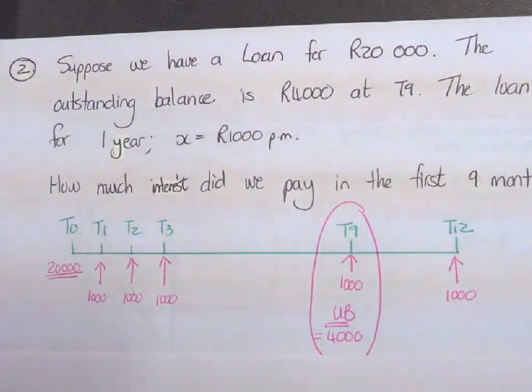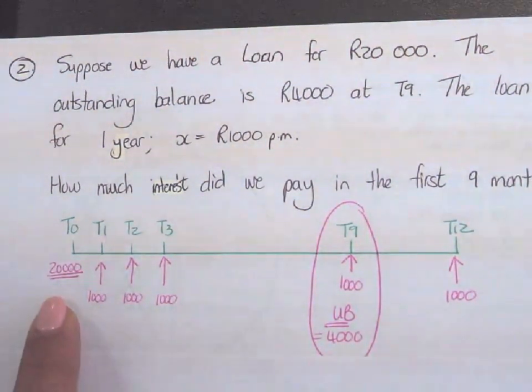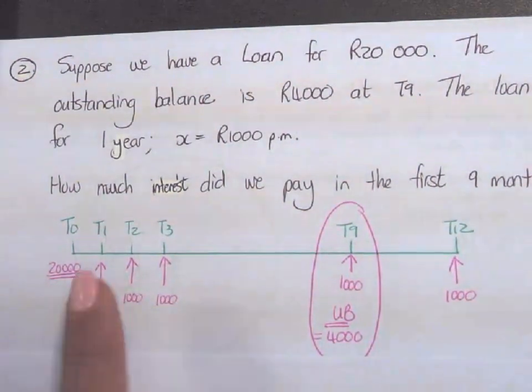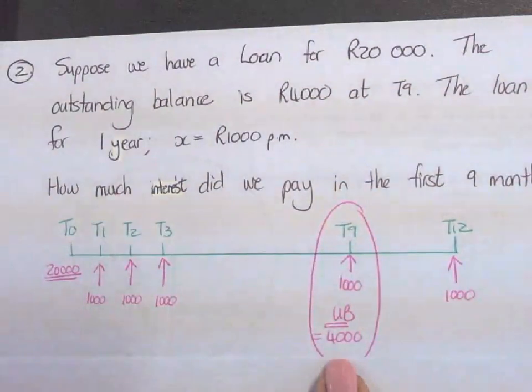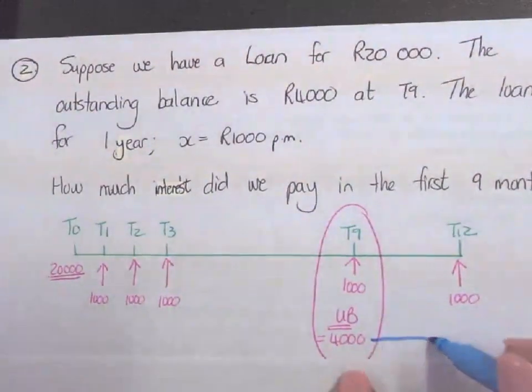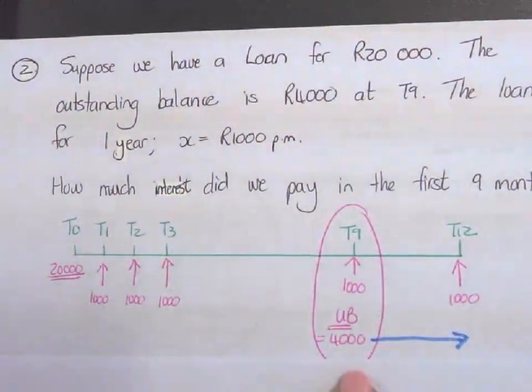The loan is 20,000. For 9 months, I paid 1,000 rand into the bank account, and then at time 9, the outstanding balance that still needs to be paid is 4,000. And then you minus 4,000 from the 20,000.